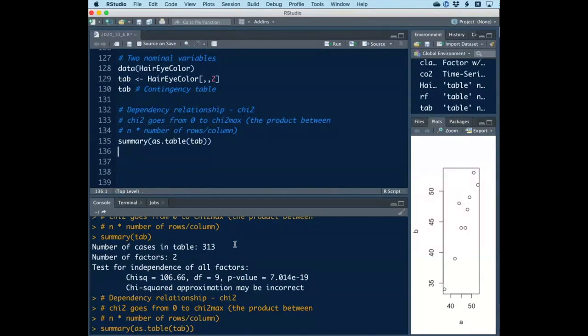And in this case, we use the chi-square index, which goes from 0 to a high number. And it is important to see where we are, whether we are close to 0 or whether we are close to the maximum. In this case, there is a certain relationship. We will say that this is significant, but we will talk about this later. We have a certain relationship of dependency.